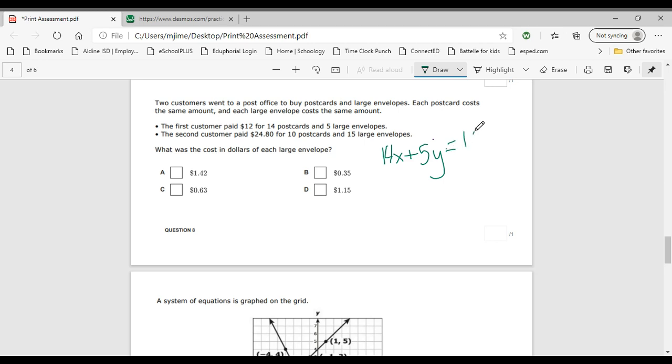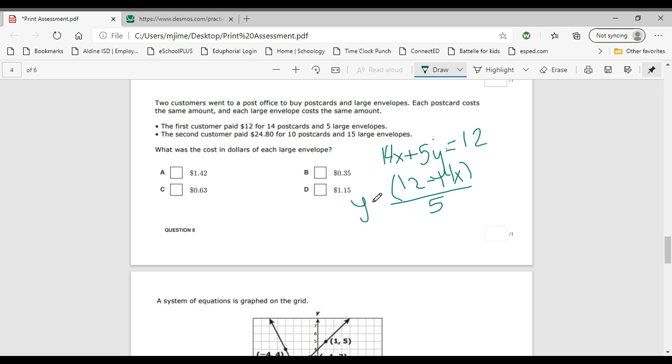So what we're going to do is we're going to move the 14x. So it's going to be 12 minus 14x. We're going to put that in parentheses, and then we're going to divide by 5. And that would be my y.